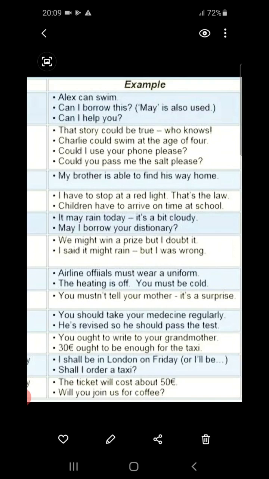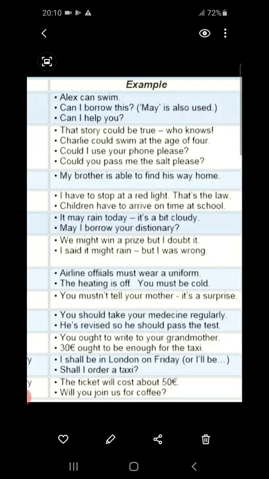They have to reach there at a specific time or within a specific time so that they can attend their classes. So children have to arrive on time at school.